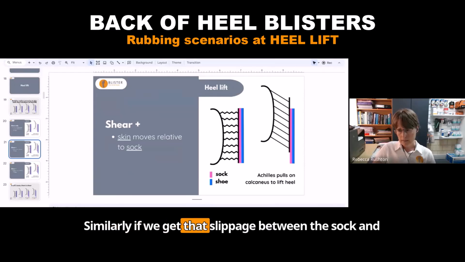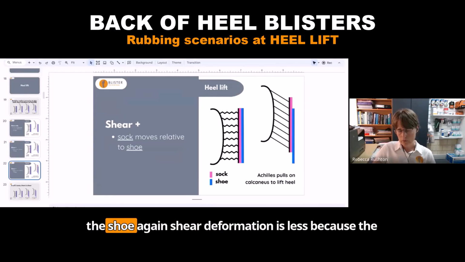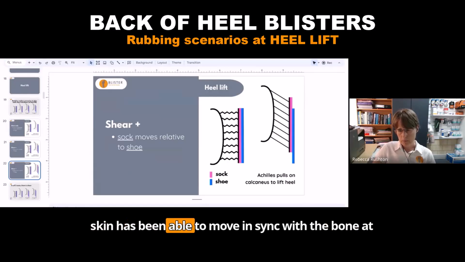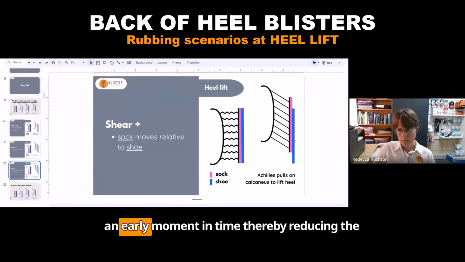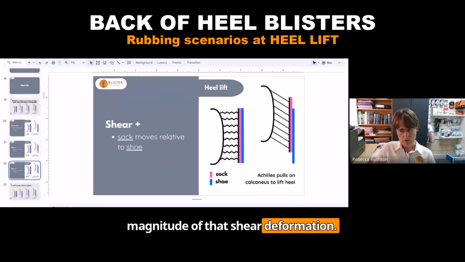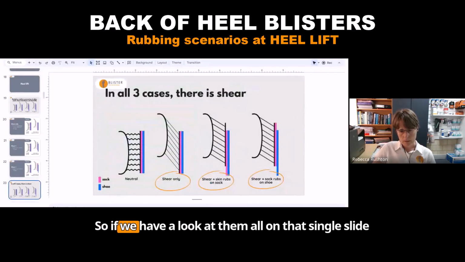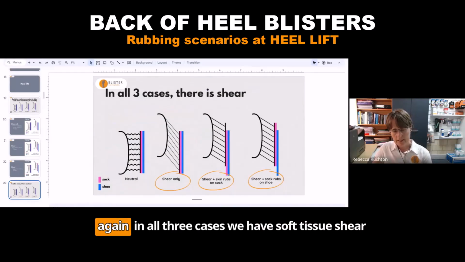Similarly, if we get that slippage between the sock and the shoe, again, shear deformation is less because the skin has been able to move in sync with the bone at an earlier moment in time, thereby reducing the magnitude of that shear deformation.